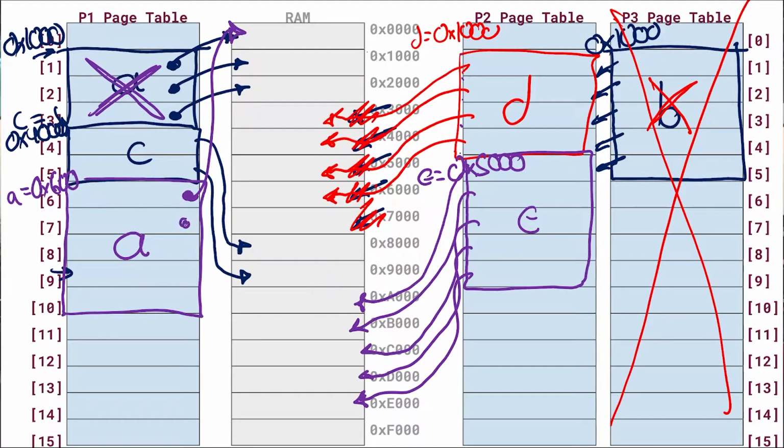So A points to here, second page points up here, third page points up here. Ooh, but we need 2 new pages. So where does the fourth page have to point to? One of those holes, right? So the fourth page of A is actually located in RAM at address 7000. The fifth page is actually located physically in RAM at F1000.